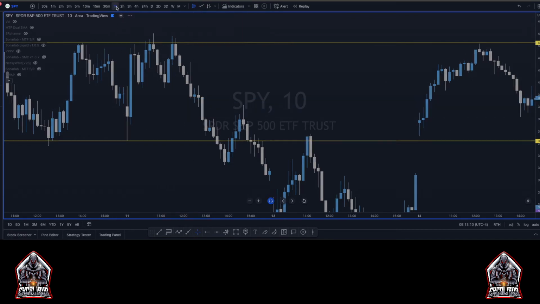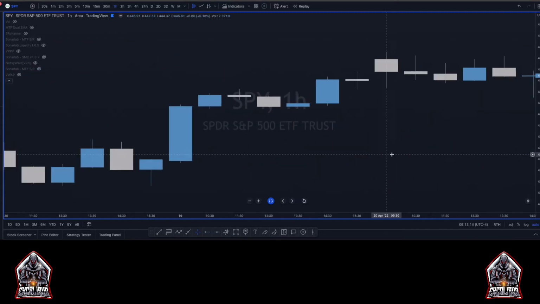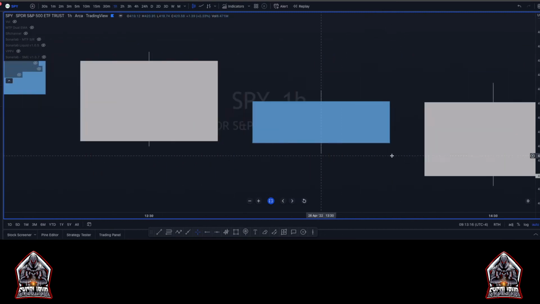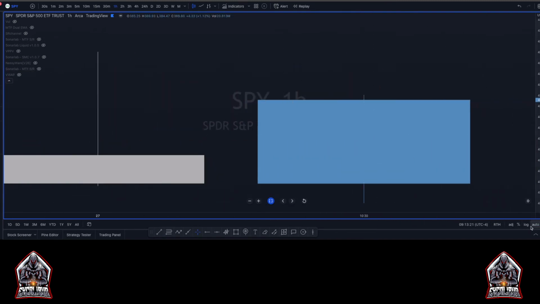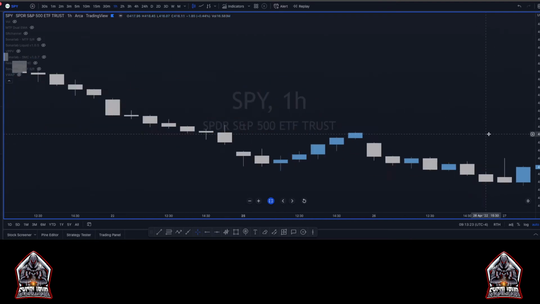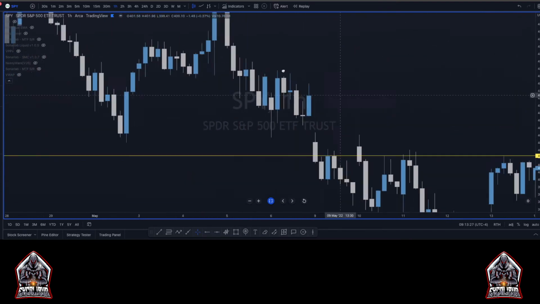I like to do it kind of, you could look at 1 hours, but higher time frames are a little bit iffy because you have more of a bigger frame.